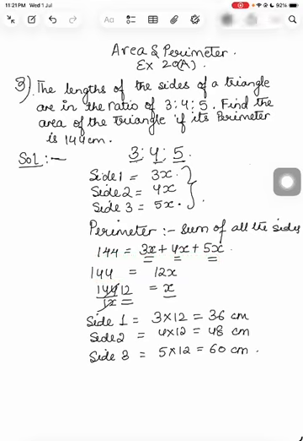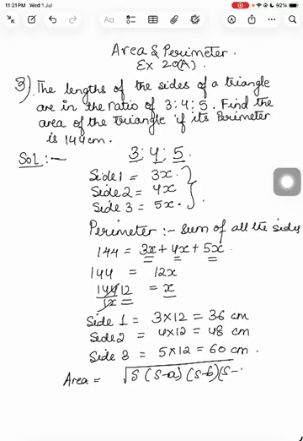Now what we have to find? We have to find the area. We know as the sides are different, this is a scalene triangle. So area of a scalene triangle is square root of S times S minus A, S minus B, S minus C. Fine.